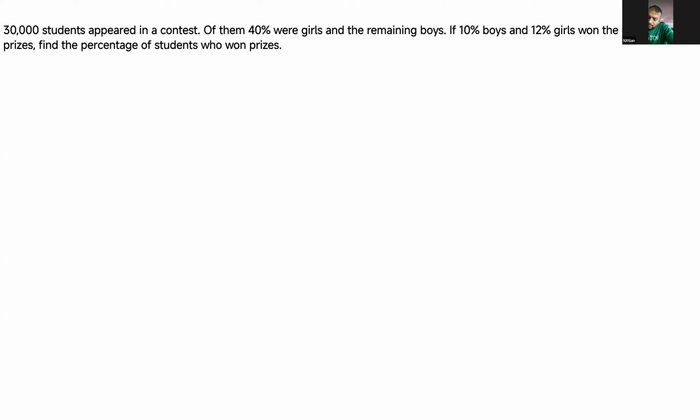If 30,000 students appear in a contest, 40% were girls and then 60% boys. If 10% of boys won the contest, find the percentage of students who won the prizes.